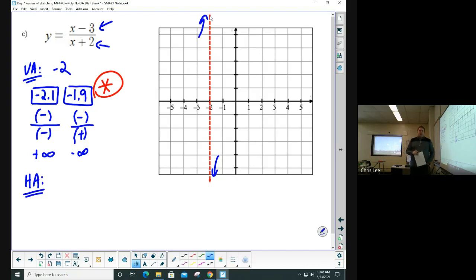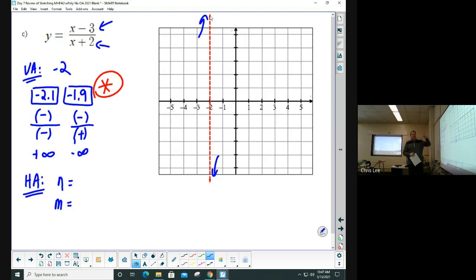All right. So what we do to compare the horizontal asymptotes is we compare the degree of the numerator and the degree of the denominator. So the degree of the numerator was n for numerator, and degree of the denominator was m for denominator. Remember that? So we look and check the degrees of things.